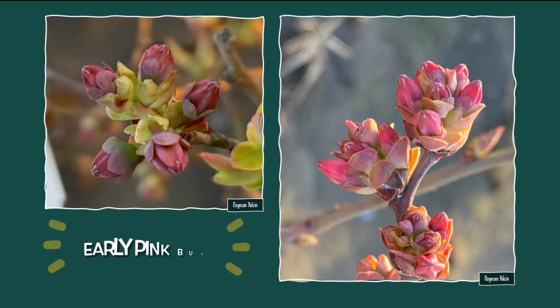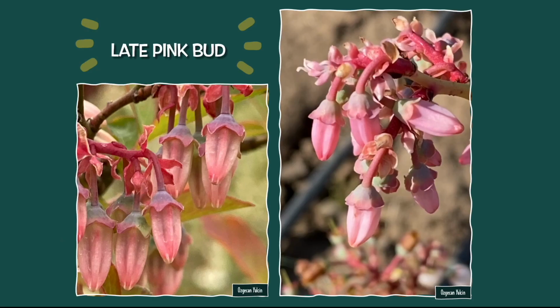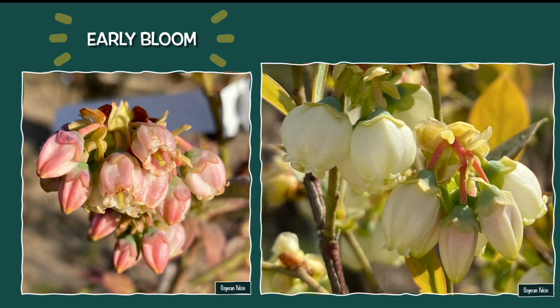Flower development has 5 stages. Early pink bud stage, where we can see partly expanded, visible and separated flowers. Petals are short and closed. Late pink bud, where petals are expanded but still closed. Early bloom, where we can see some petals that are completely expanded and open, but many flowers are still closed.